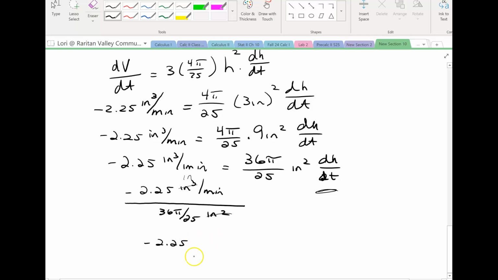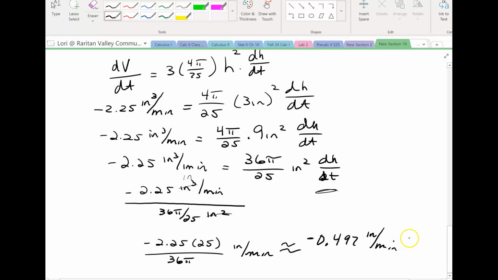If I multiply by the reciprocal of 36 pi over 25, which is 25 over 36 pi, I'm left with inches per minute. That, if you plug it into your calculator, comes out to approximately negative 0.497 inches per minute. And that is exactly what dH dt is.